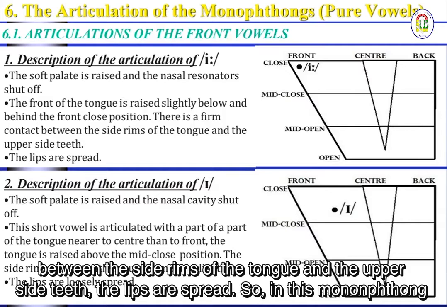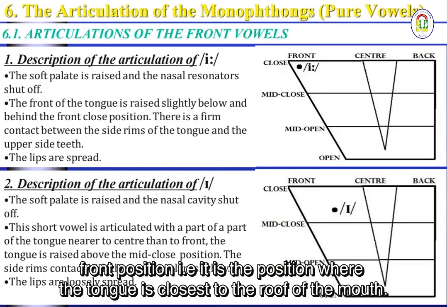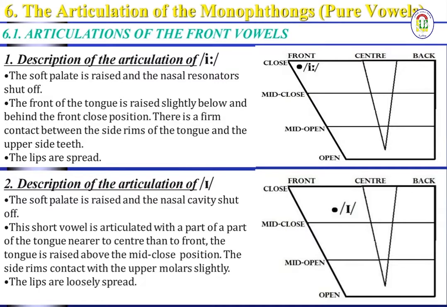The lips are spread. So, in this monophthong, the front of the tongue is slightly behind and below the close front position, i.e., the position where the tongue is closest to the roof of the mouth.